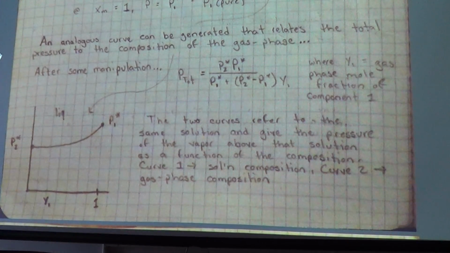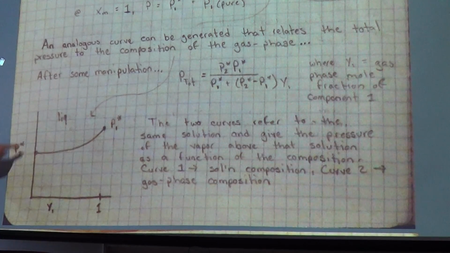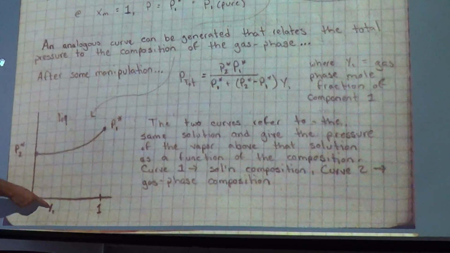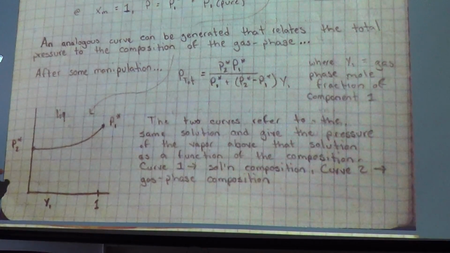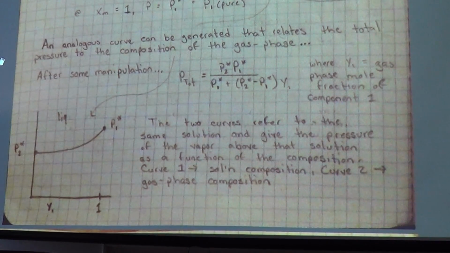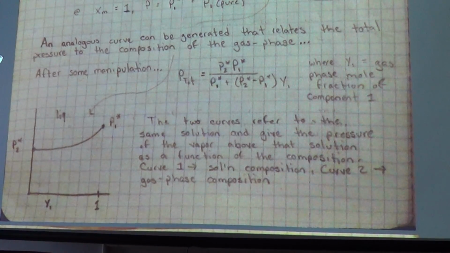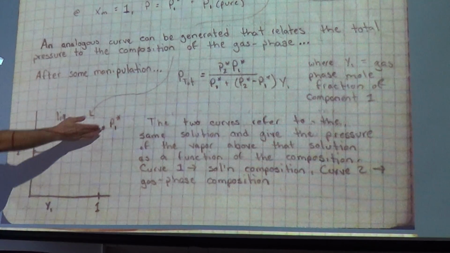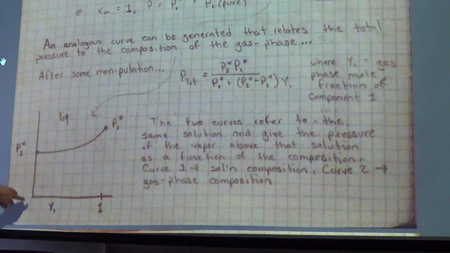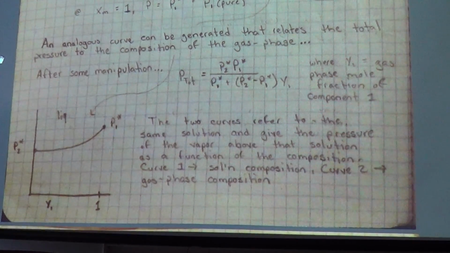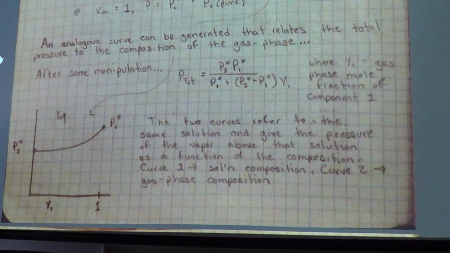You'll notice, though, that the two curves, whether we're plotting with respect to the mole fraction in the gas phase or the mole fraction in the liquid phase, begin and end at the same points, right? Because the pressure of the pure component is going to be the same at mole fraction equals 0 and mole fraction equals 1.